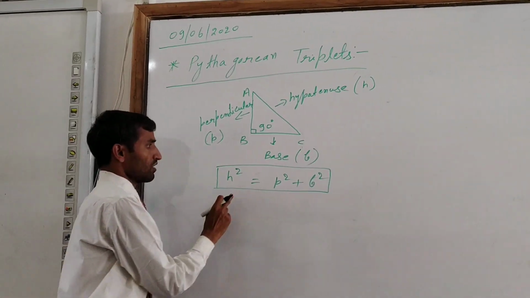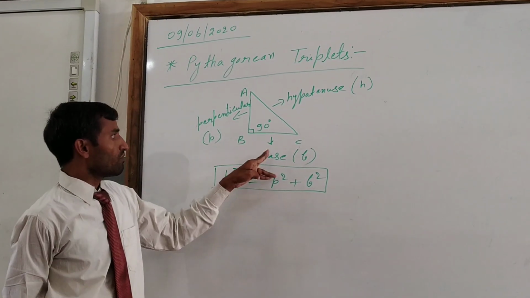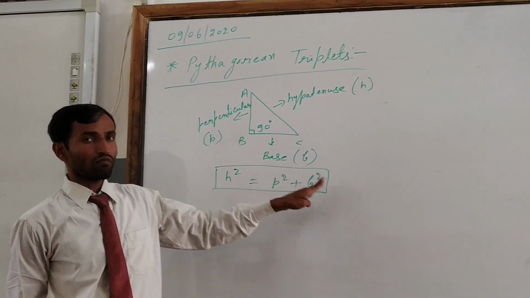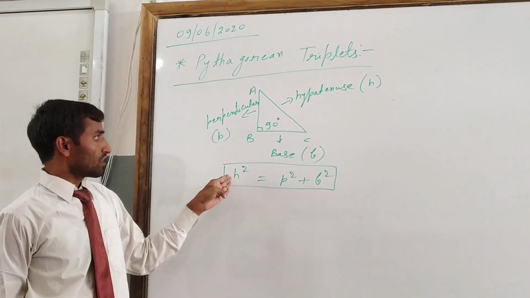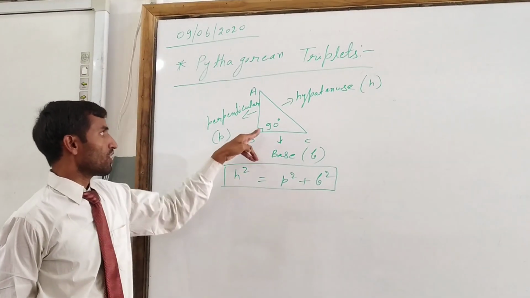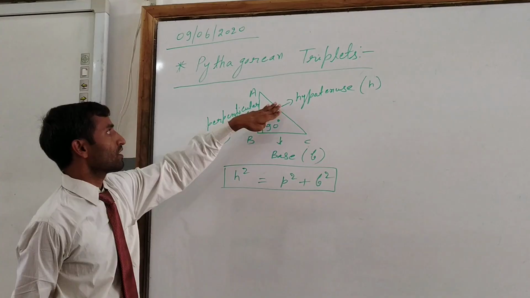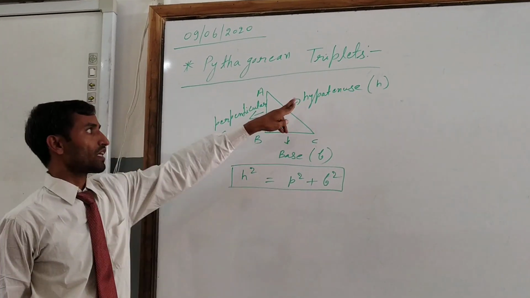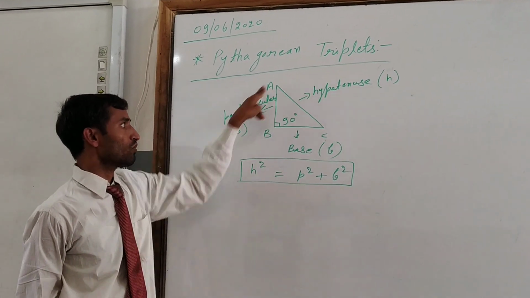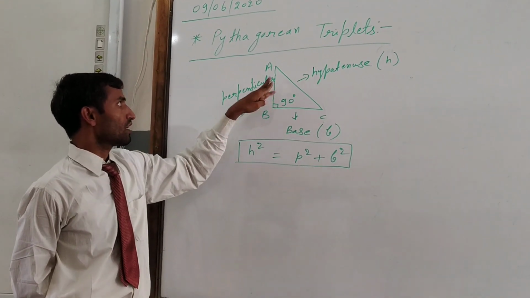In this, the sum of two square numbers is equal to the square of a third number. That will be the bigger number, because in a right triangle the hypotenuse is the longest side of all three sides.